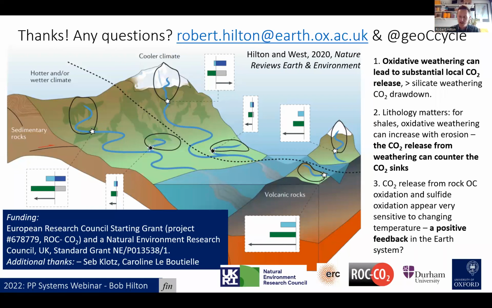I definitely know of work in ETH Zurich where they've looked at some springs in the Alps where trees around hot springs are radiocarbon dead. But that's like they've been swamped with CO2 with no radiocarbon in it.